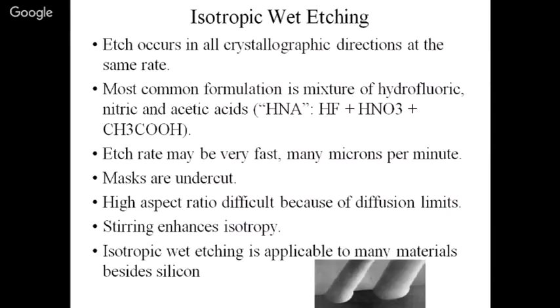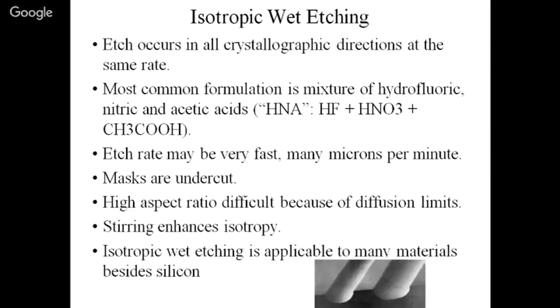Now, isotropic wet etching etches in all crystallographic directions at the same rate. The most common formulation is a mixture of hydrofluoric, nitric and acetic acids. Hydrofluoric acid, nitric acid and acetic acid, this is the most common formulation.